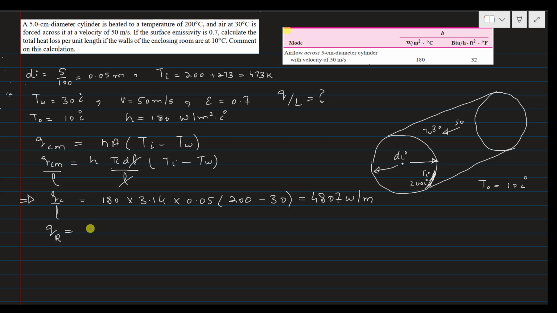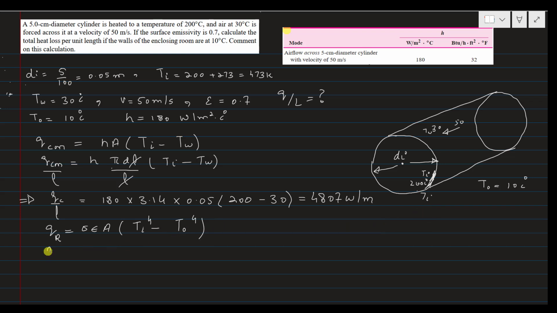It is very easy: sigma times emissivity, times surface area, times the difference of the fourth powers of the absolute temperatures Ti and T0. In this case, Ti is the pipe wall temperature and T0 is the outside temperature, between which heat transfer through radiation occurs.